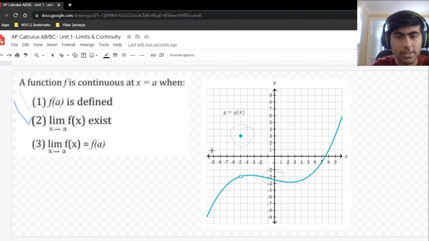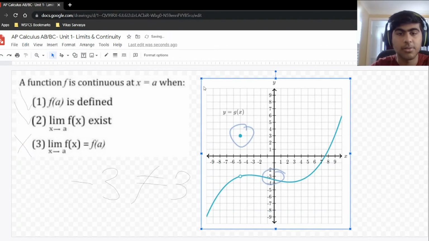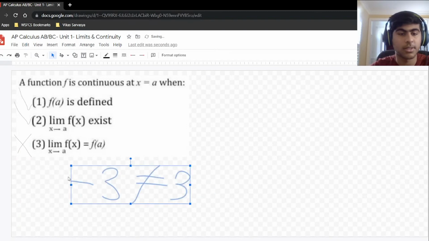Looking at this, the limit is -3, and the value of f of a at -5 is +3. And these are not equal, so it doesn't fulfill this criterion. To be continuous, this function has to fulfill all three of these criteria. And because it fails one of them, it is not continuous. Let's look at some other examples.